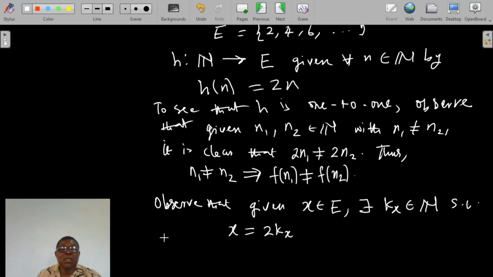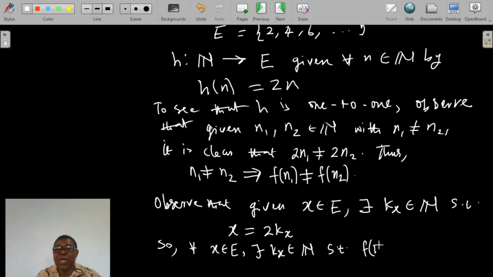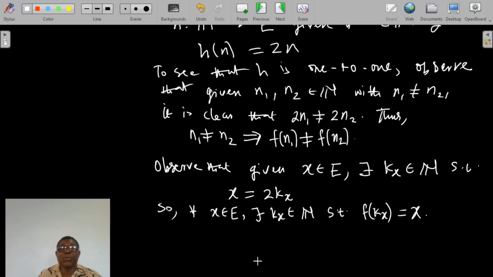Thus, for any x in E, there exists kx in the set of natural numbers, so that h of kx is equal to x. This therefore means that h is onto.